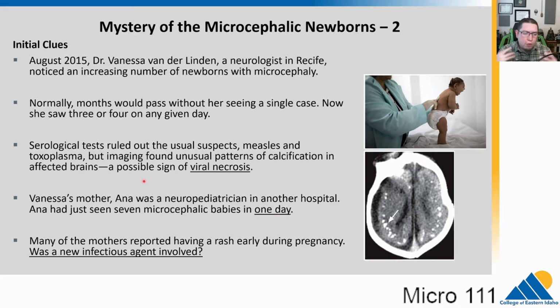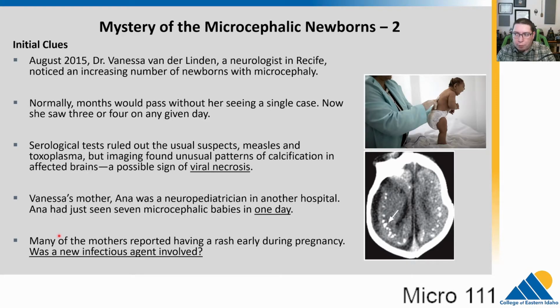Is there some sort of single cause here? And as this goes on, we have many of those mothers reporting that they did have that rash and those symptoms early on during pregnancy. So it leads us to believe that there might be an infectious agent that is involved in this, and it's probably new because we haven't picked it up on any of our standard tests.